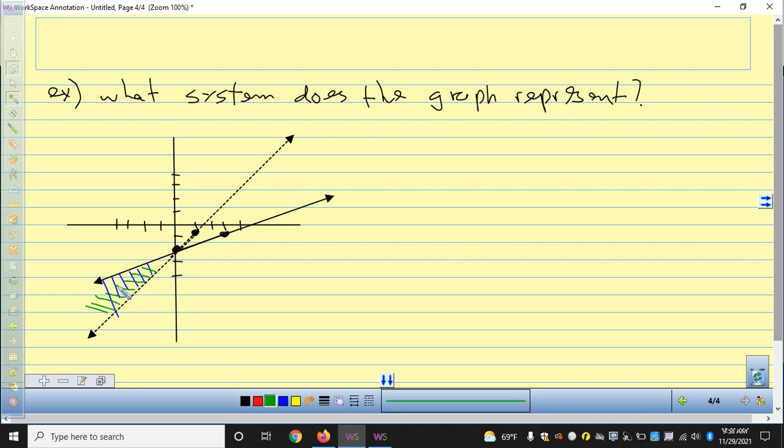So we're going to do like we did last time when we had a picture of an inequality. We're going to figure out what the inequality is just for each line. It's kind of like doing two problems in one. So let's look at this line. It's a solid line.